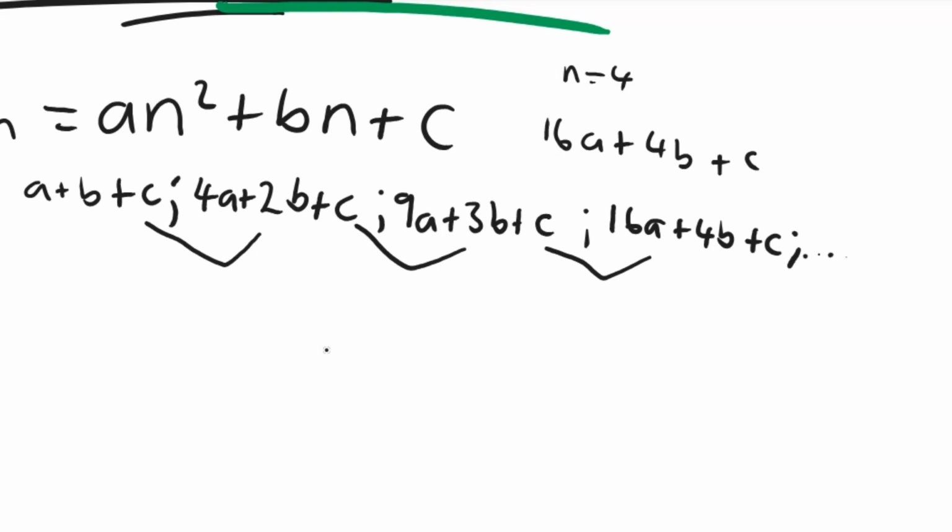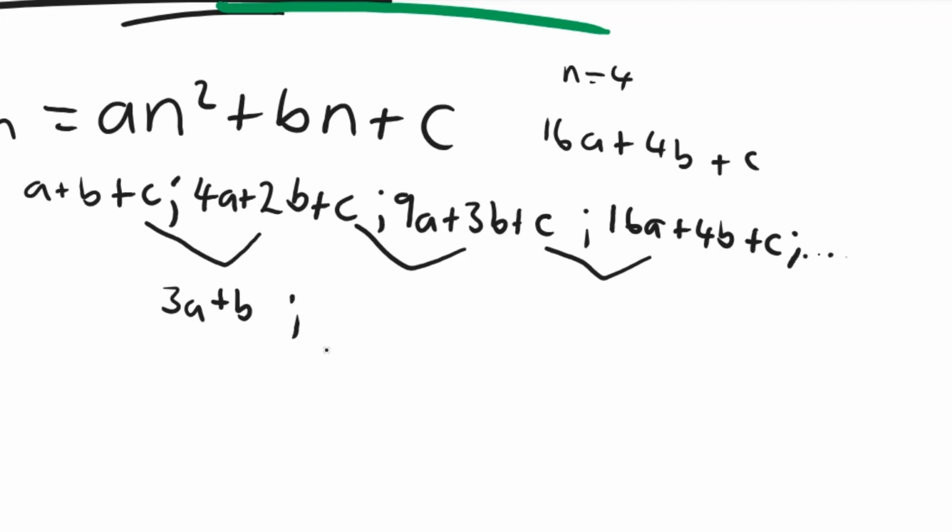Let's check it out. We have 4a minus a, that is just 3a. 2b minus b is just plus b. c minus c is 0, we don't write that down. This is the first term of the first difference of the quadratic pattern.